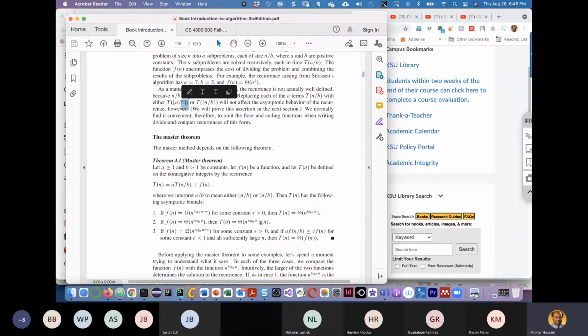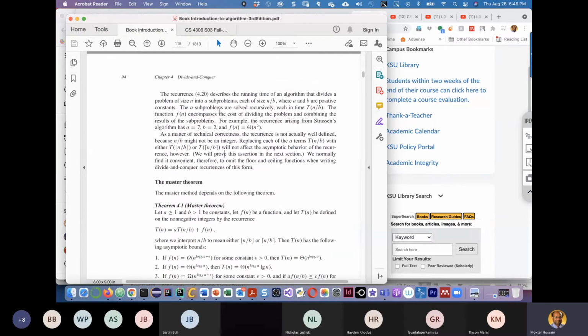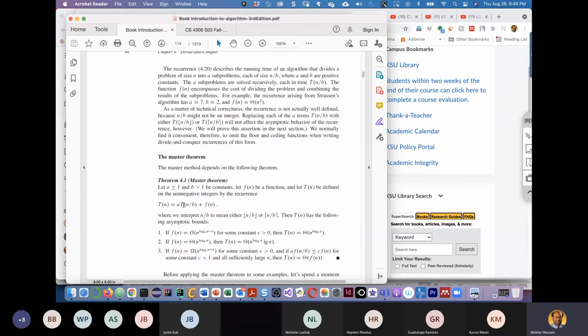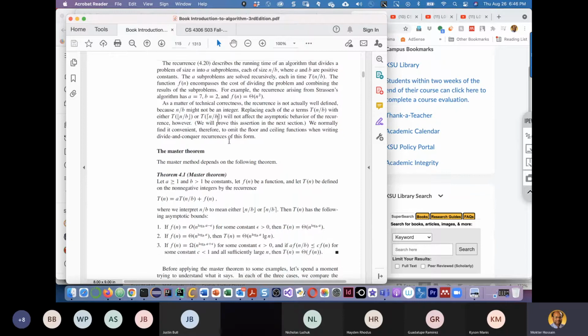You cannot have 7.5 elements. On one side you will have 7, on the other side you will have 8. So in general, by T(n/b) we didn't mean either floor or ceiling or both. That is not a factor.